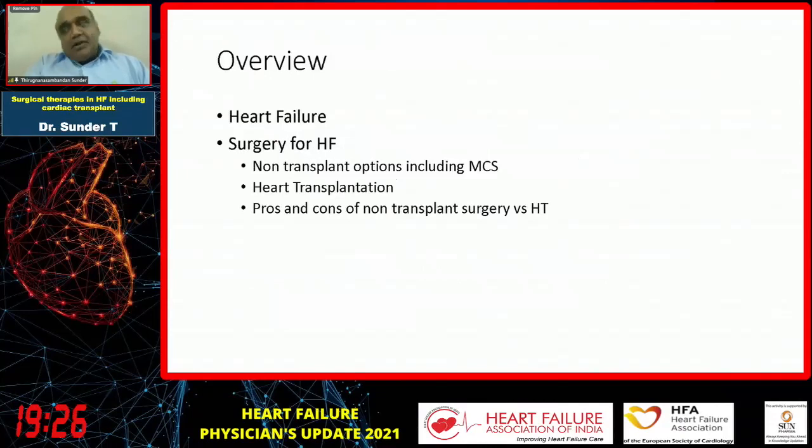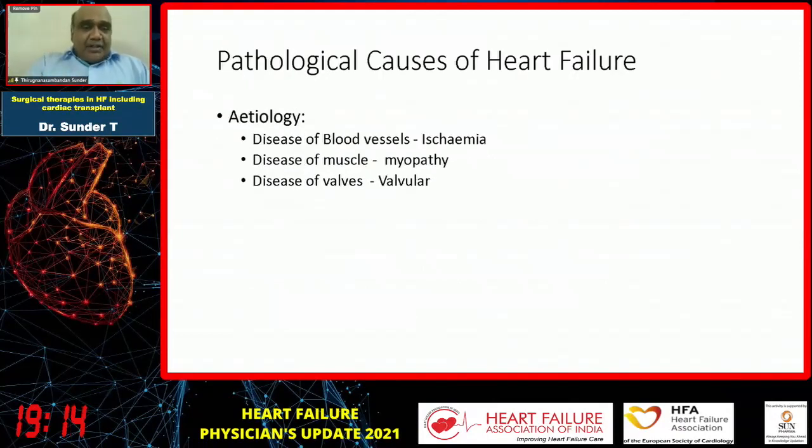When it says including transplant, it obviously means there are non-transplant options as well, including MCS, which stands for mechanical circulatory support. The causes of heart failure could be diseases of one of three things. It could be disease of blood vessels causing ischemia and ischemic cardiomyopathy.